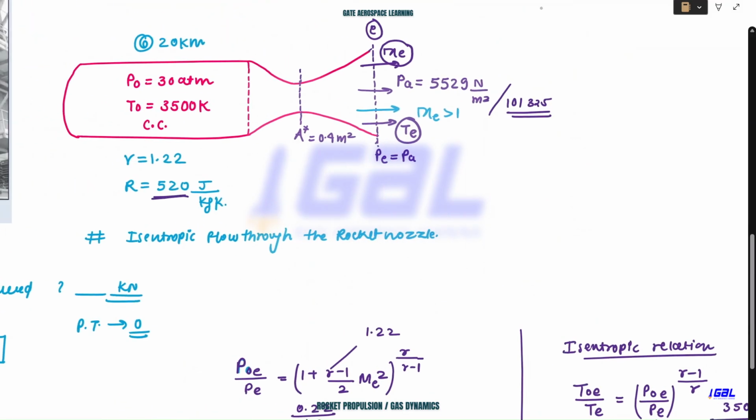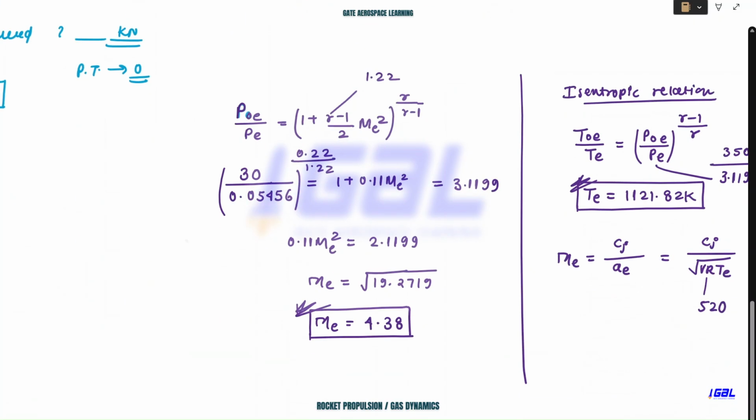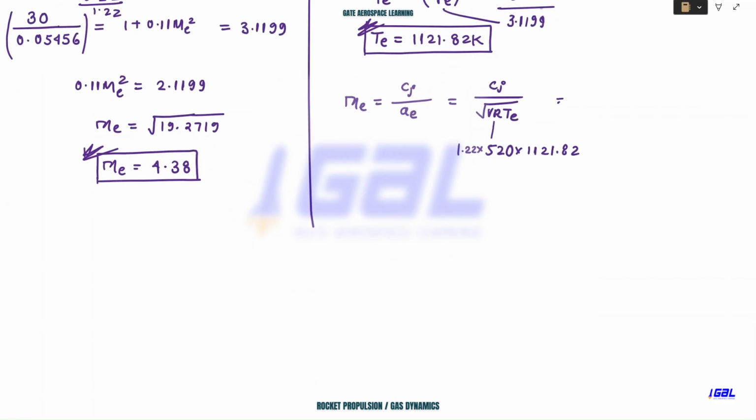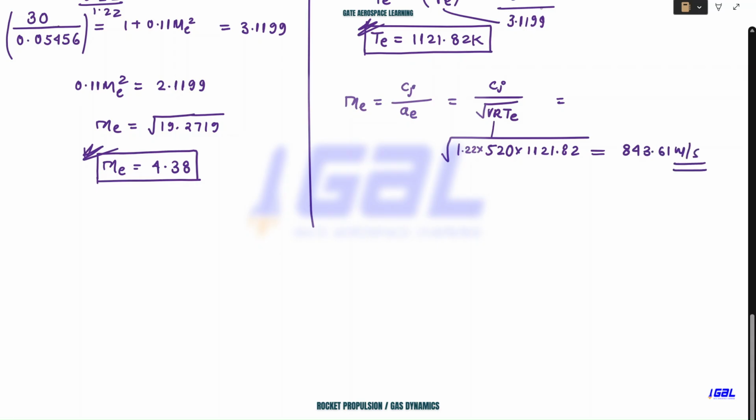Gamma, you take this as 1.22, and TE as 112.82 Kelvin. Solve this, take the under root also, and I got the speed of sound as 843.61 meter per second. This is the speed of sound at the exit plane of the nozzle.